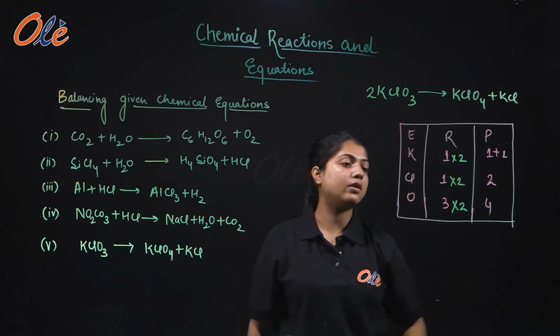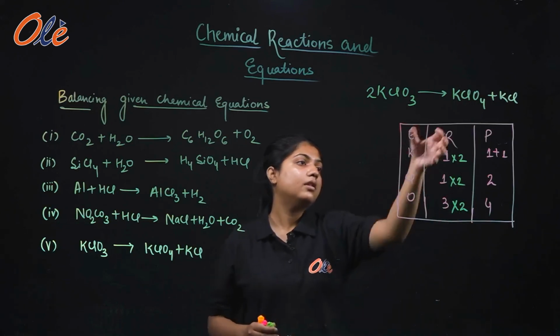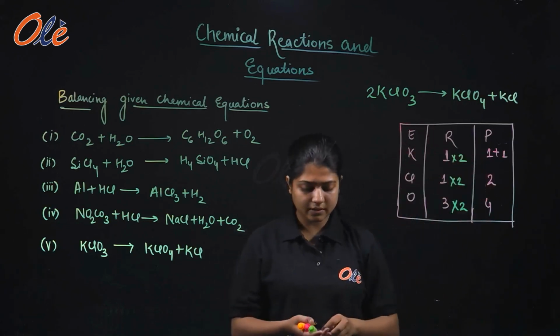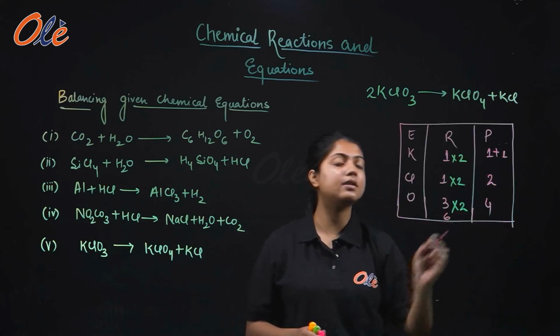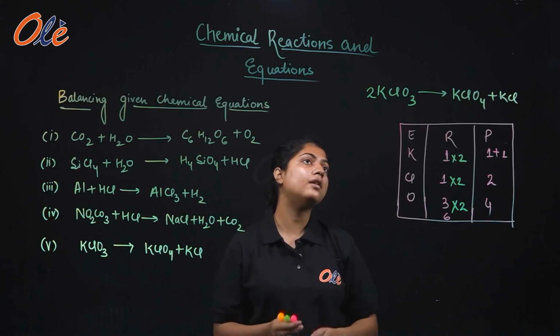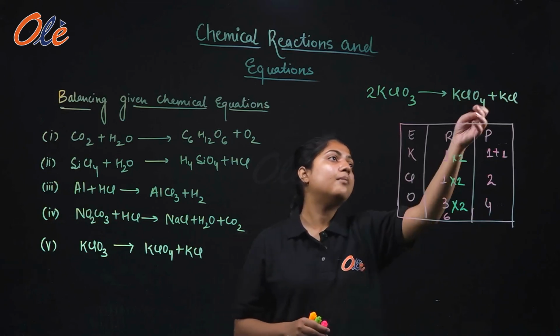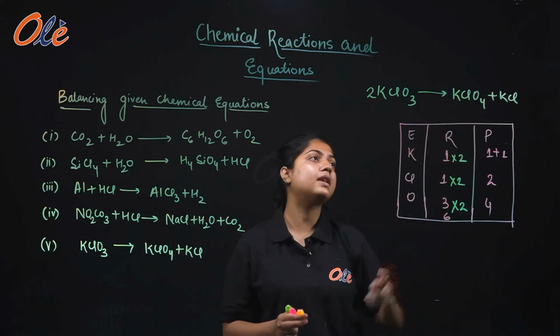Okay. Now, oxygen atoms are not balanced. Here it is 6, whereas on the product side it is only 4. So what we can do here is simply multiply this by 3.